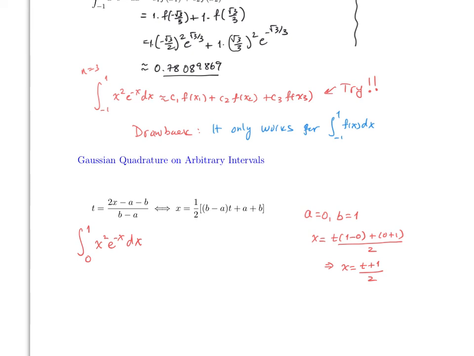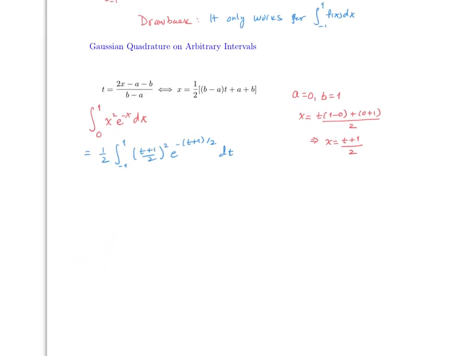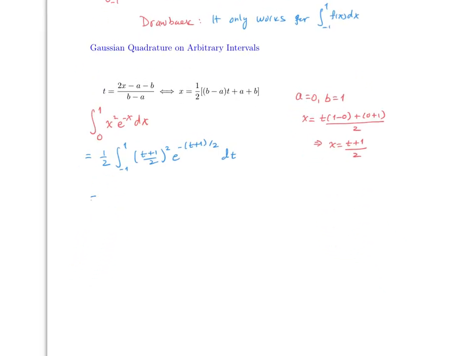So we do a substitution. This is going to be the same thing as 1/2 the integral now from -1 to 1, which is what we want, of (t plus 1 over 2) squared times e to the minus (t plus 1 over 2) dt. And then we just use the same formula.